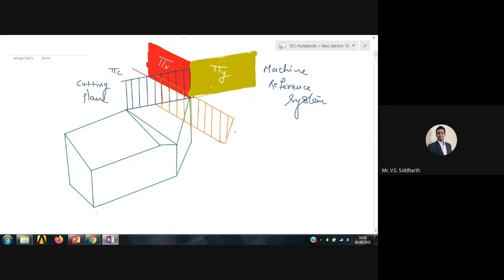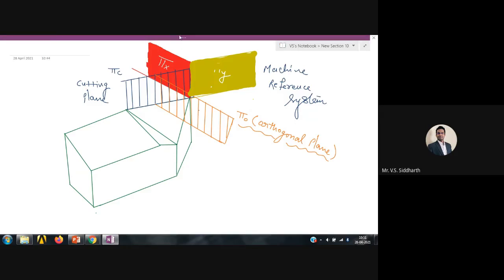This plane is known as pi naught, or orthogonal plane. Pi c is known as cutting plane. Is it clear to everyone up to this point? Say yes or no. Yes.